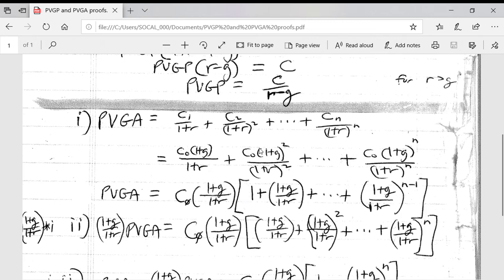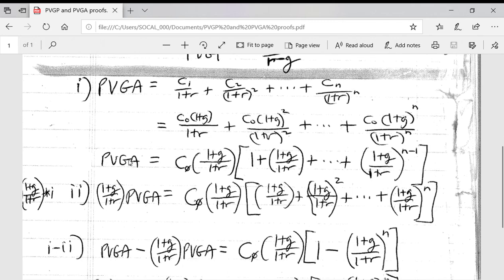And then here, when I factor this out, I'm left with 1 plus g over 1 plus r. The next term, when I factor this out, I'd be left with 1 plus g squared over 1 plus r squared. Excuse me. And so on, up until this last term, when I'm left with 1 plus g over 1 plus r to the n minus 1 power. Okay?